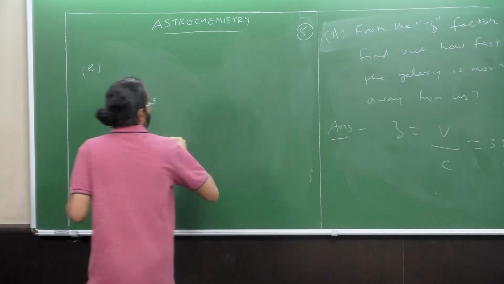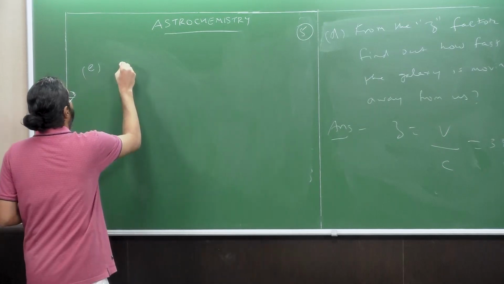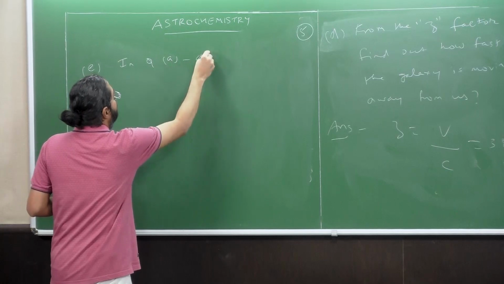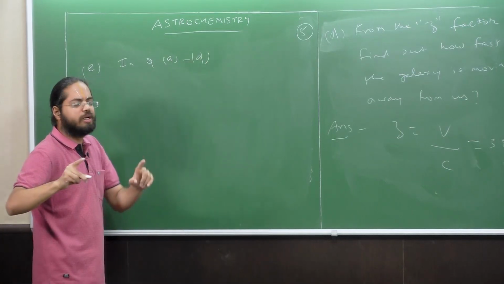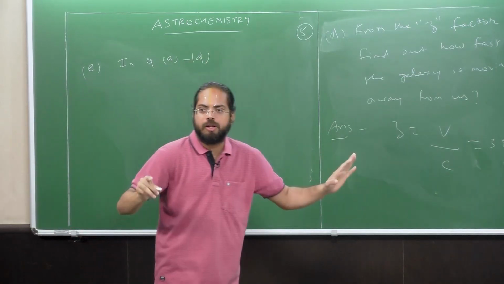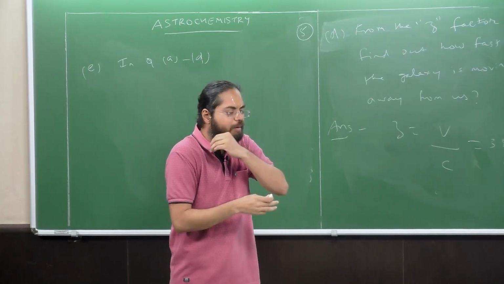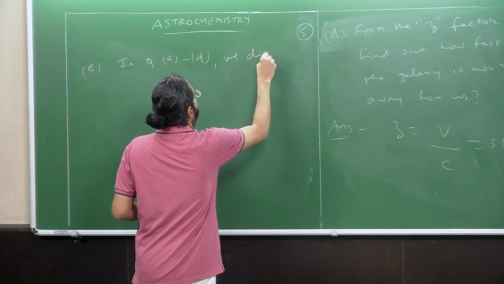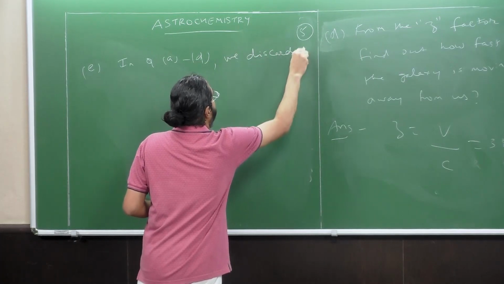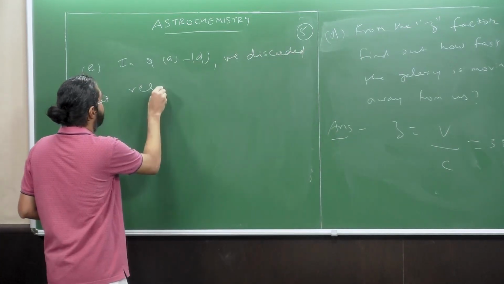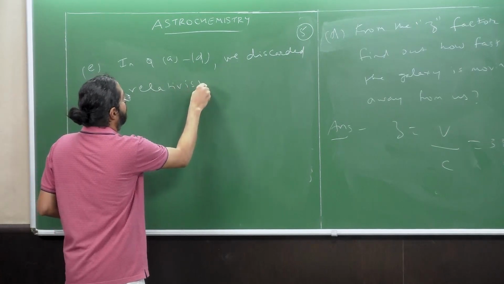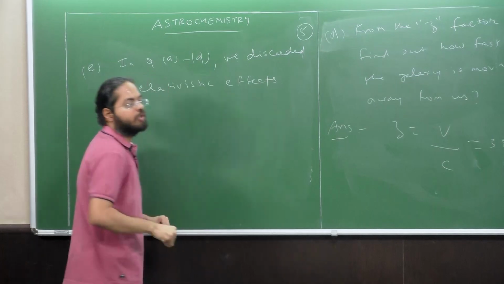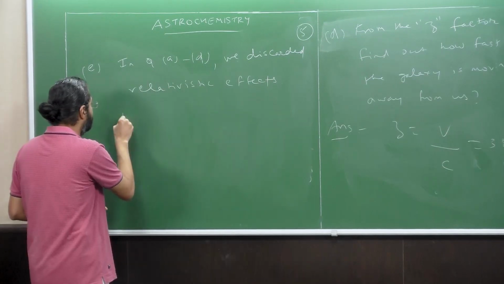So, in the following discourse, in questions A through D, we never included the idea of general relativity or special relativity. We completely discarded relativistic effects. The question is, is it a valid approximation or not?